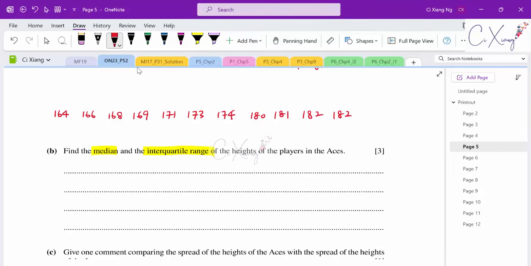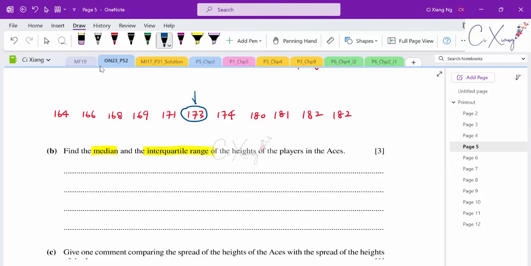Actually, to find out the median and also the interquartile range, you just need to use common sense. Median means the center location of the whole set of data. So where is the data which is in the center? You have 11 numbers in total, therefore the center value should be the 6th.